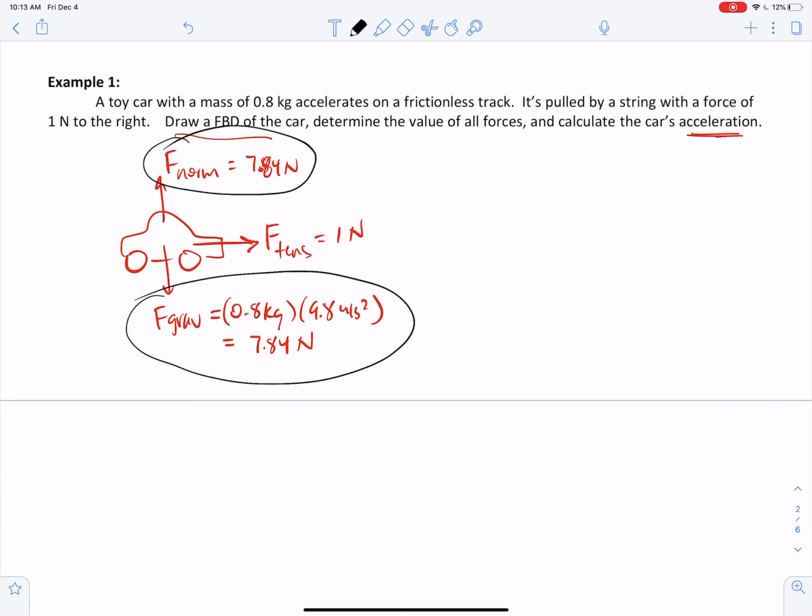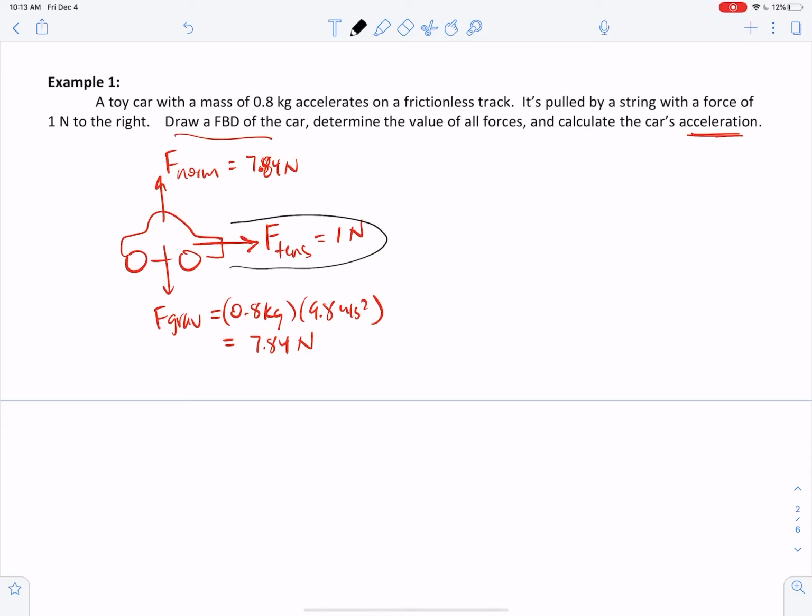And if I focus on the horizontal forces, I've got 1 Newton of force to the right, but nothing to the left. And so my net force is going to be just this 1 Newton to the right. And oftentimes I like to draw the net force with a separate block arrow. And in this case, I'm going to draw it just down here to help me visualize the net force.